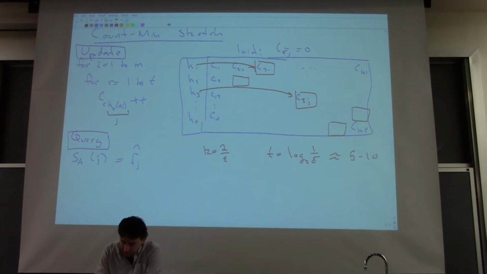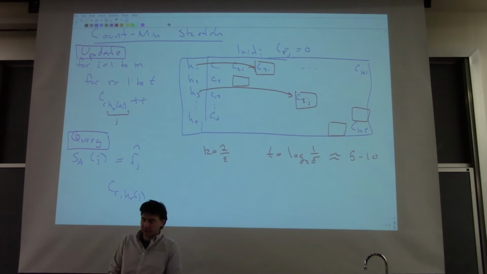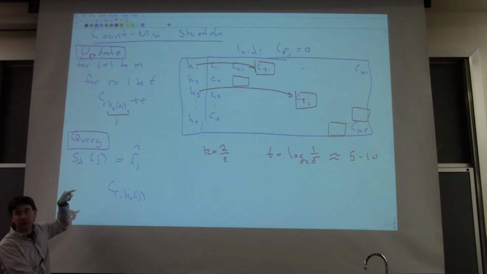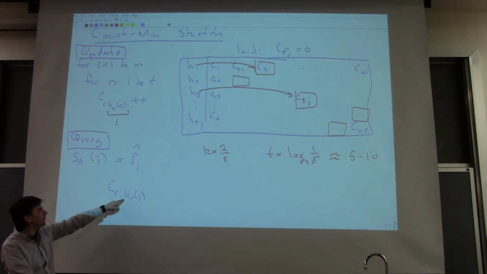So I want to do something over all the counters R, hash of R of J, right? So for each value of R, going from 1 to T, this tells me the right counter.